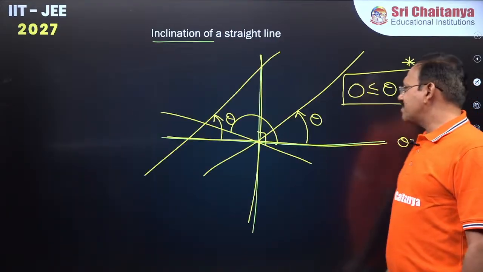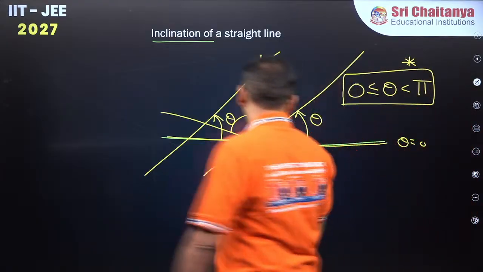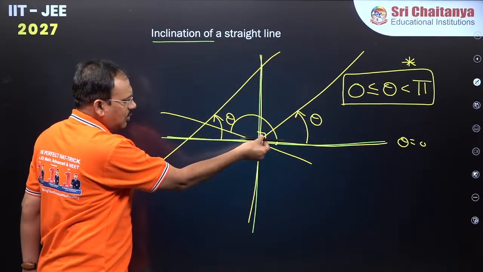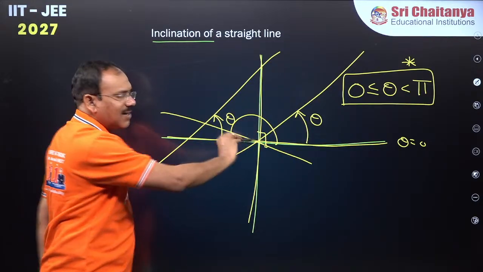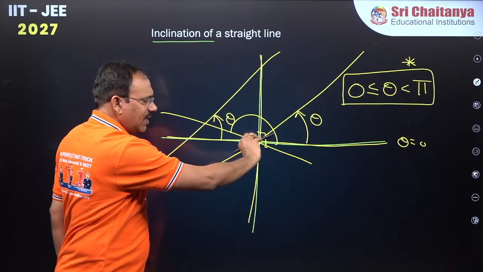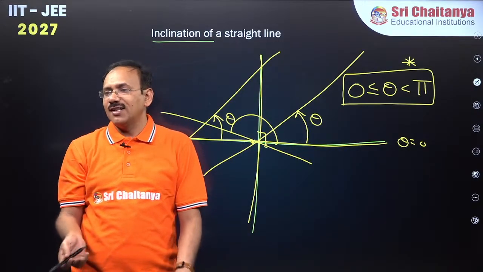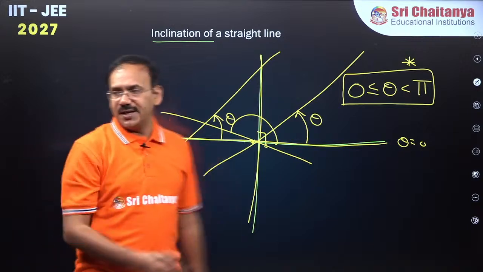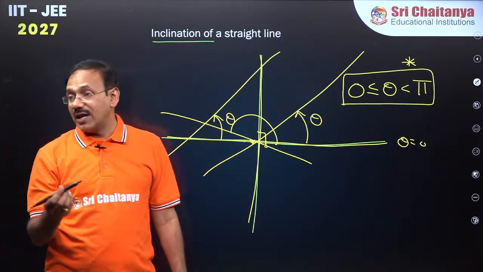Why is pi the highest value? You see here, suppose this is the line, from 0 to 180, the same line, right? 180 and 0 are the same line, 181 means 1 degree only. So we don't require more than 180, even 180 also. This is why we are not taking it, got my point? Somebody asked a question, why inclination cannot be more than 180.